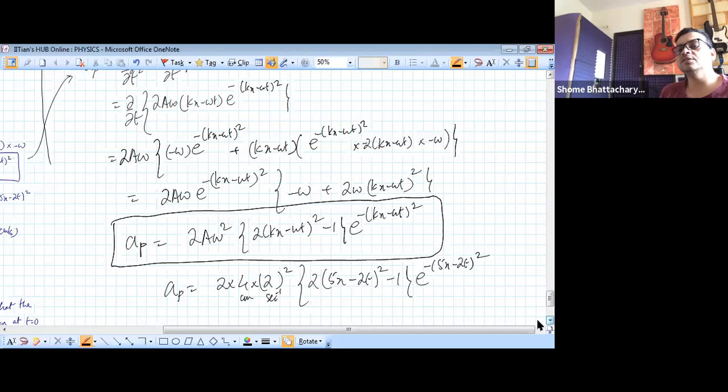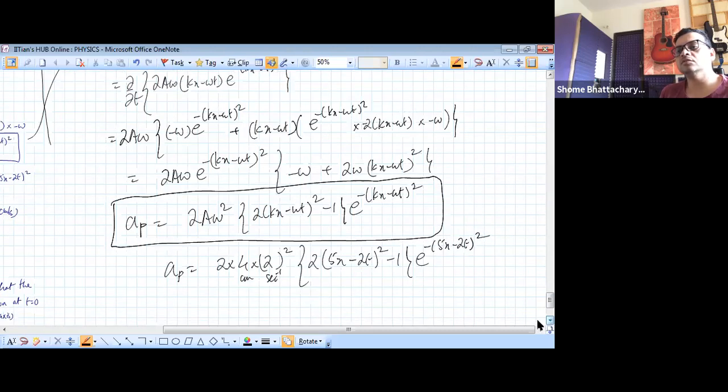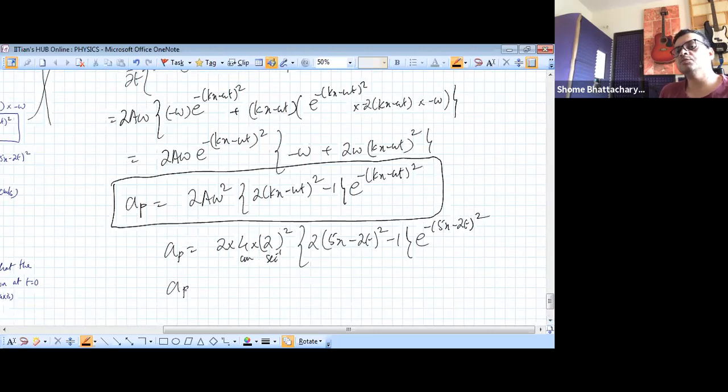So now we can substitute the values. So acceleration of the particle at x equal to 0, t equal to 0.2 seconds, that will become 4 times 8, that is 32 centimeter per second square.